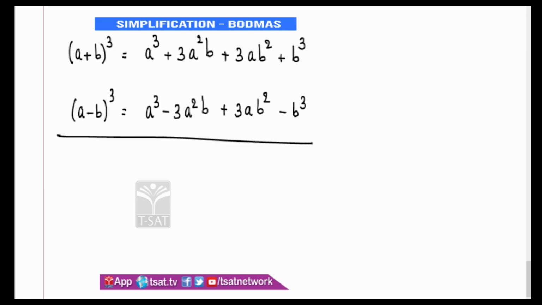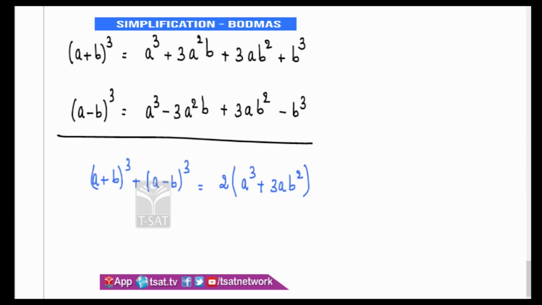If you add both of them, a plus b whole cube plus a minus b whole cube is equal to, so minus minus cancel, it becomes 2 into a cube plus 3ab square.